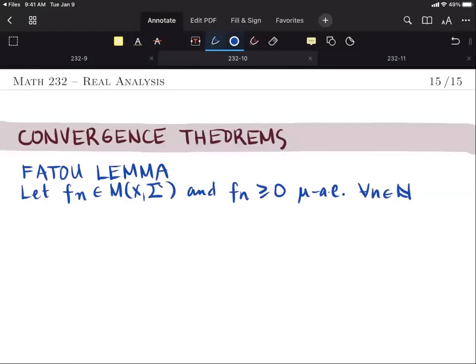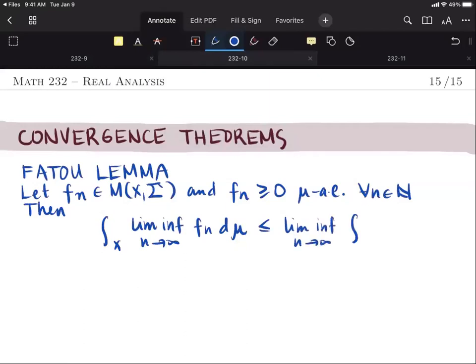And then the integral of the limit inferior of the sequence is less than or equal to the limit inferior of the integrals.